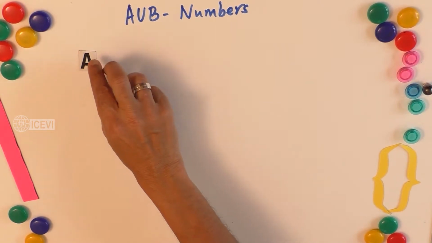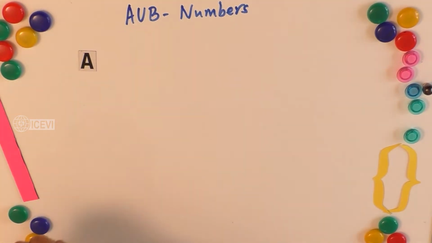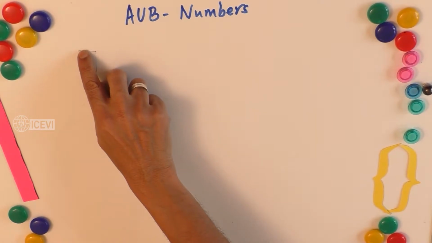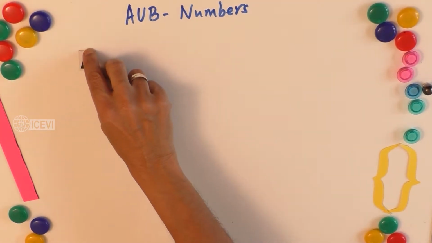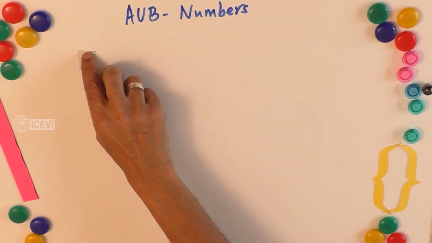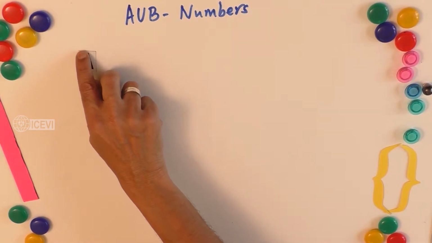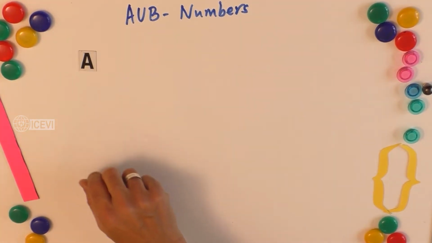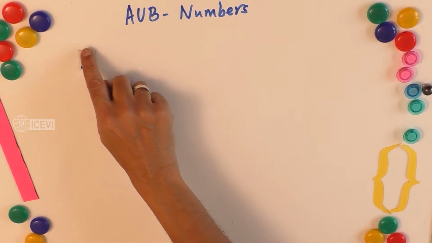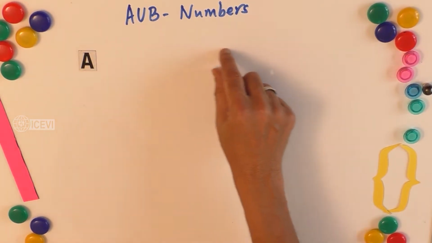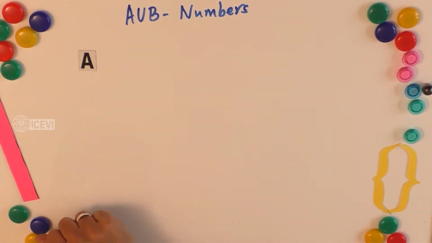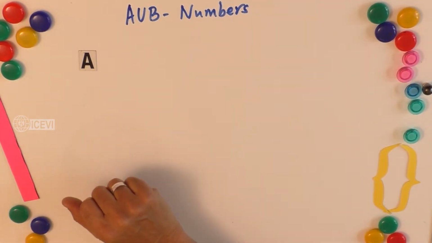Now, when we represent a set, these letters have braille markings, so the child can identify that we are representing a set A. Now, the set A has a number of distinct objects. In this case, it will be numbers.